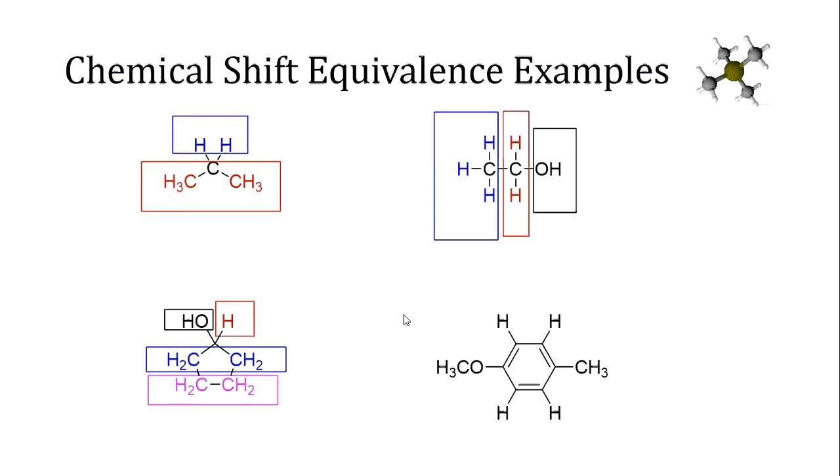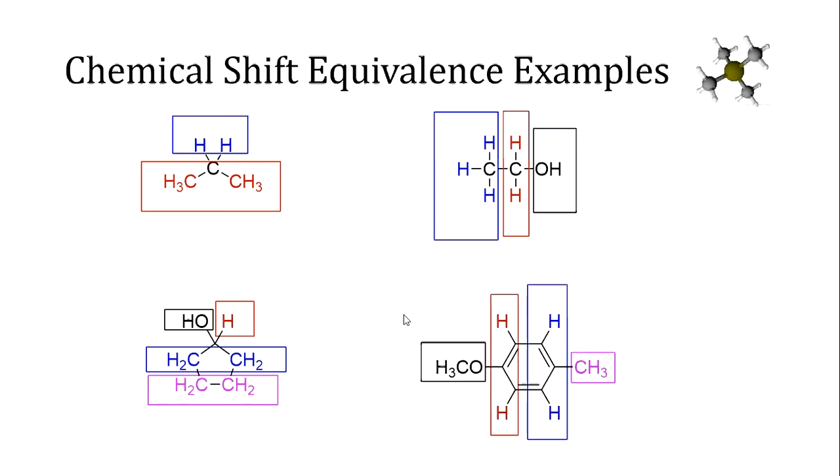And you can see here another example of hydrogen atoms related by symmetry. This molecule has a plane of symmetry that goes through it, and what's on the left side is a mirror image of what's on the right. So even though the hydrogen atoms highlighted in blue are not attached to the same carbon, they are related by symmetry. We're going to see that again in the structure of 4-methoxytoluene, the compound on the lower right.